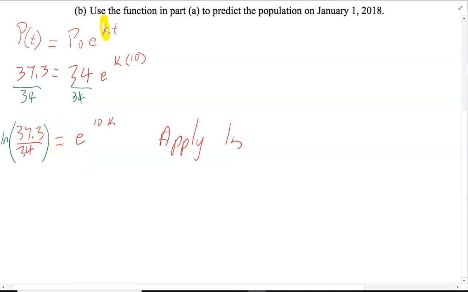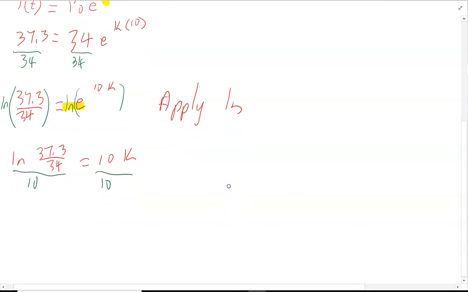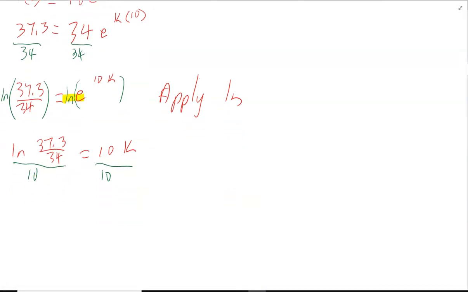The ln will undo the e, because ln is the inverse of e, so those undo each other. So what we have left is ln of 37.3 over 34 equals 10k. And finally, we can divide both sides by 10 to get our value for k.